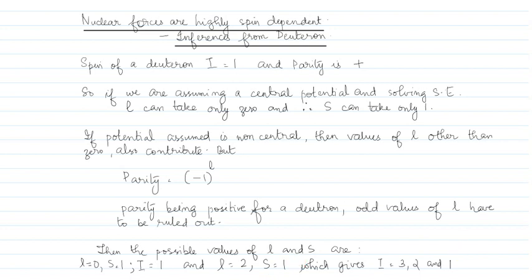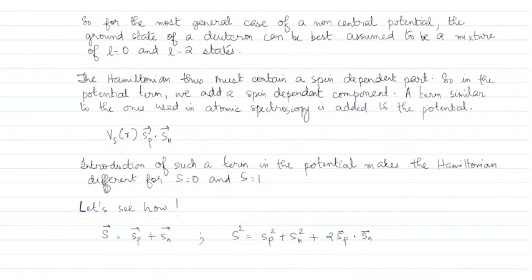So in both these cases, I have the possibility I equal to 1 appearing. So for the most general case of a non-central potential, the ground state of a deuteron is not actually purely an L equal to 0 state. It is actually a mixture of L equal to 0 and L equal to 2 states. It is more of L equal to 0 and a little bit of L equal to 2.